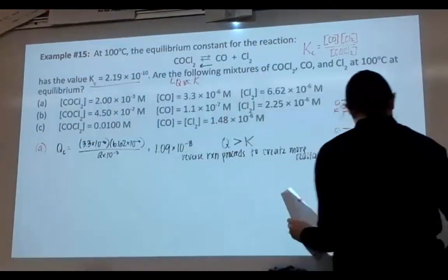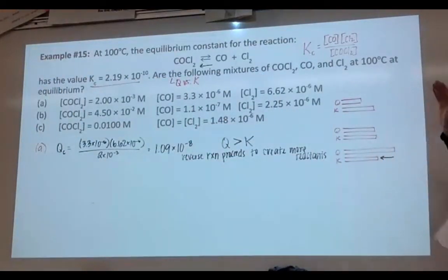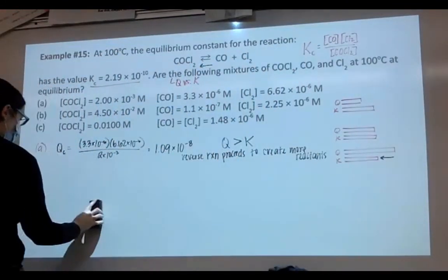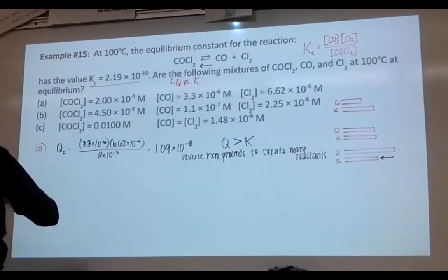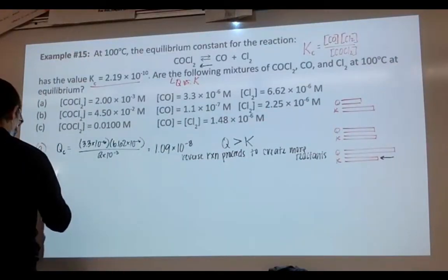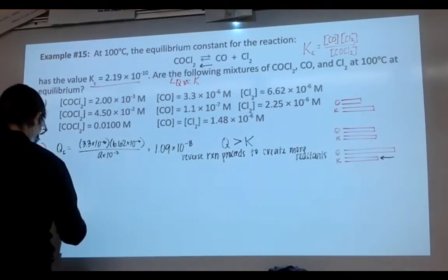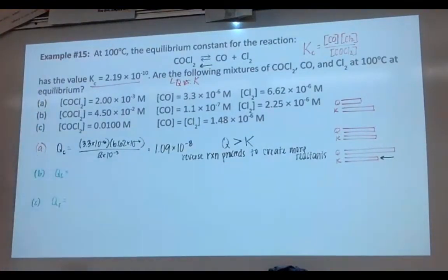So what I want you guys to do just really quick is calculate B and C. Just calculate. We'll focus on the Q versus K part, but I want you to calculate QC for part B and for part C. So calculate QC using the information that they give you.